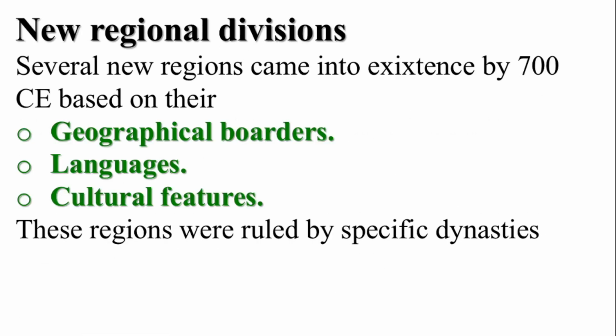The next topic we are going to study is new regional divisions. We have already seen what a region and an empire are. We are going to study how the new regional divisions took place. Several new regional divisions came into existence by the 700s.